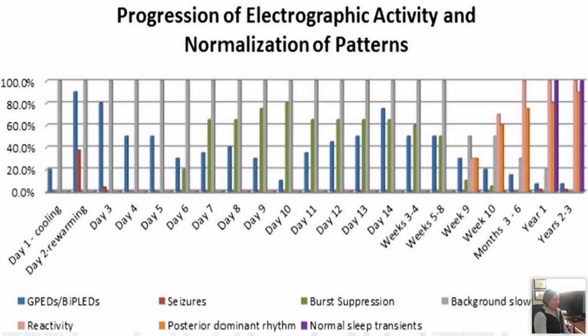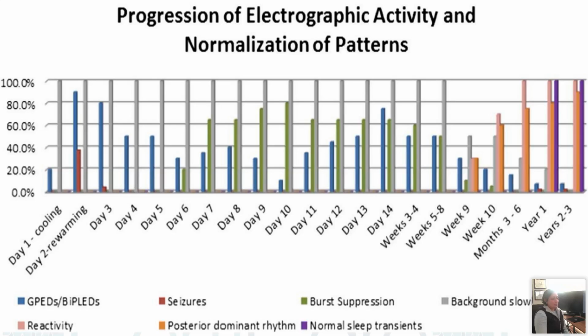If you look at it, the generalized periodic discharges are consistently present for over 2 years. The blue bar here is the periodic discharges. The seizures, however, stopped by day 3. So the patient stopped seizing, but continued to have epileptiform discharges for almost 2 years.